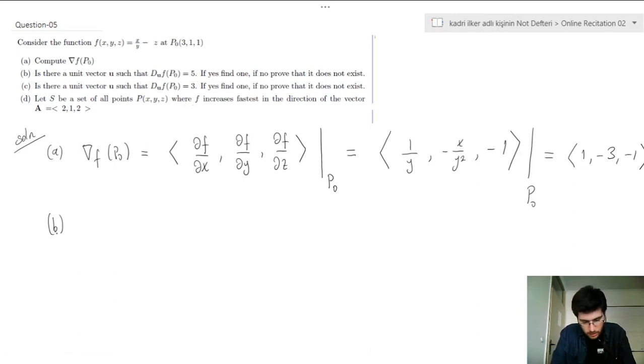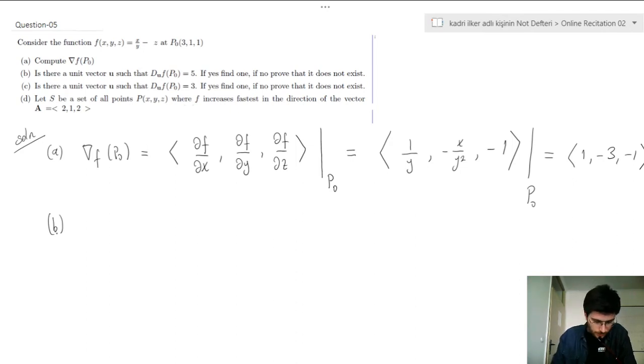If you remember, we have a limit definition of directional derivative, of course. But actually, if you have a nice function, which means that it is differentiable, then the directional derivative can be expressed in terms of the unit vector u with the dot product with the gradient vector. So it can be expressed as a dot product of two things.